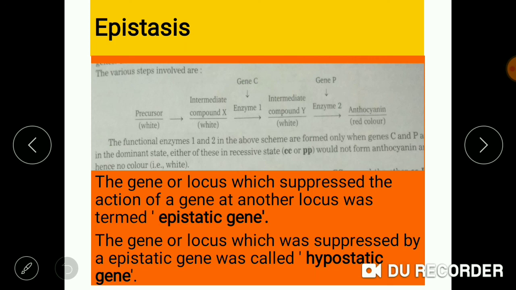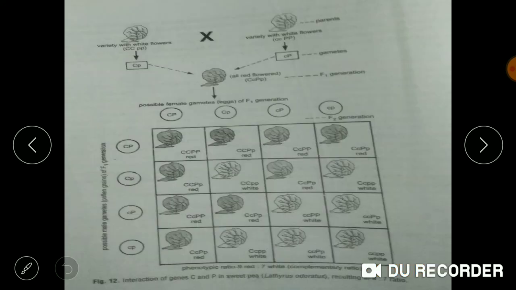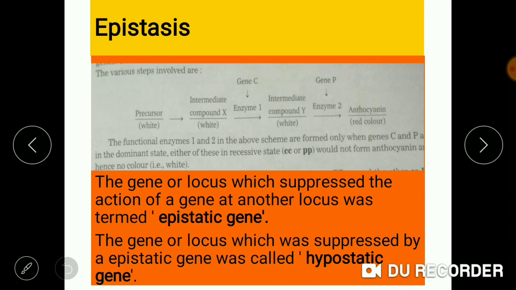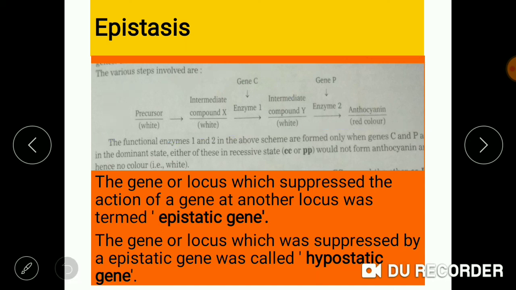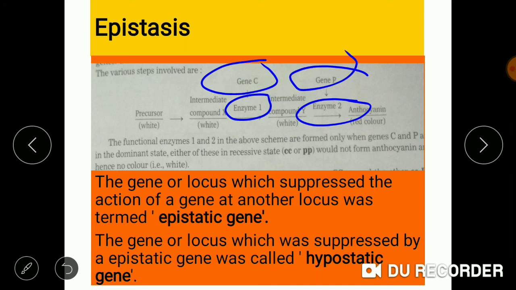For the explanation of this topic, we will again take the earlier example of white colored flower plants. So here is the complete enzymatic reaction which is being shown over here. The functional enzyme 1 and functional enzyme 2, you can see in this schematic representation, will be formed only when gene C and gene P are in dominant state.